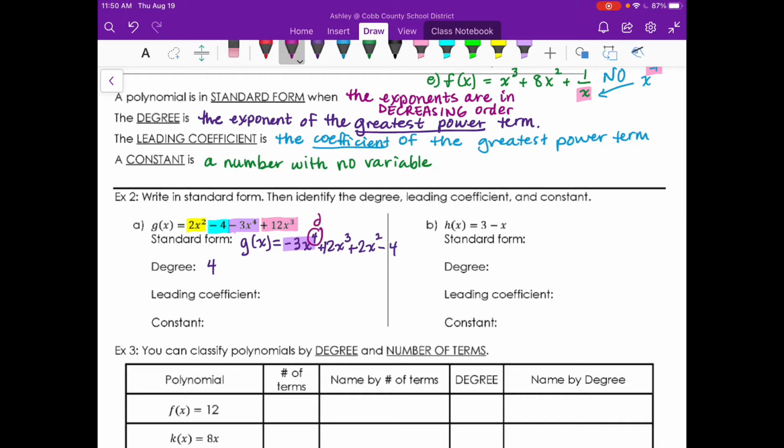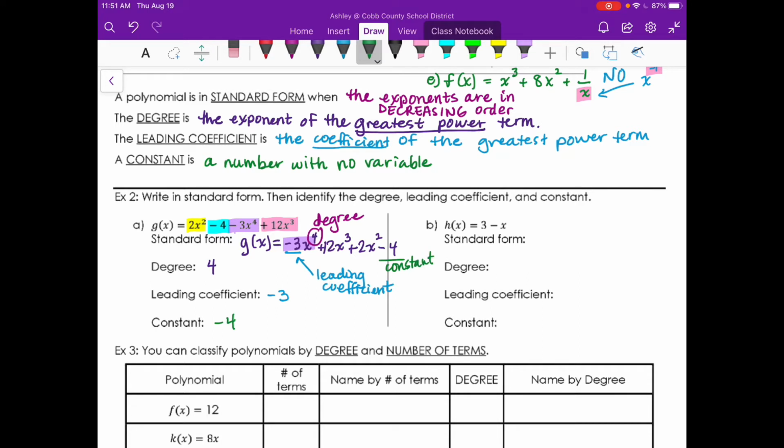That's the degree. Alrighty, then our leading coefficient is the coefficient on that same term, which is negative 3. And then finally, the constant is the plain number that has no variable, which is negative 4.